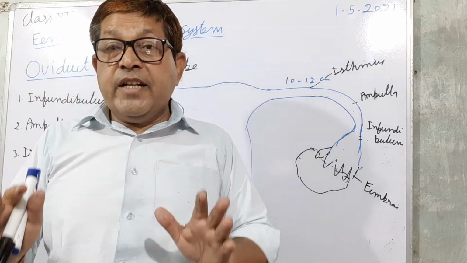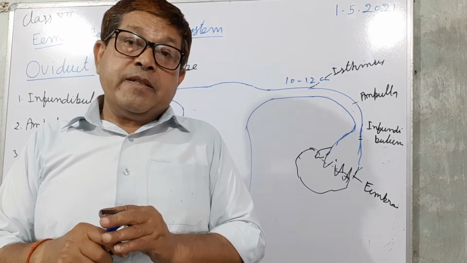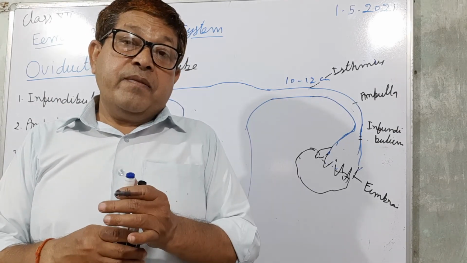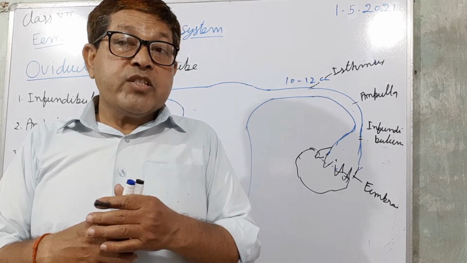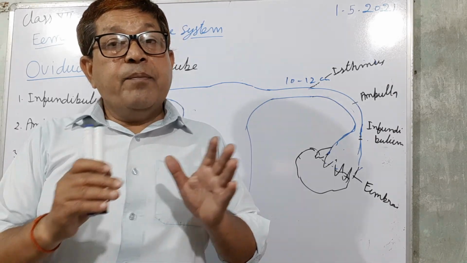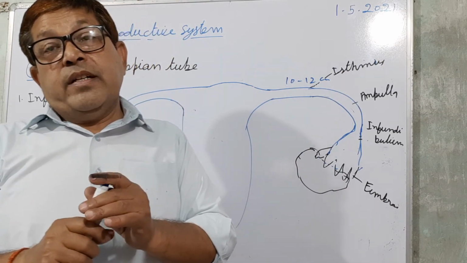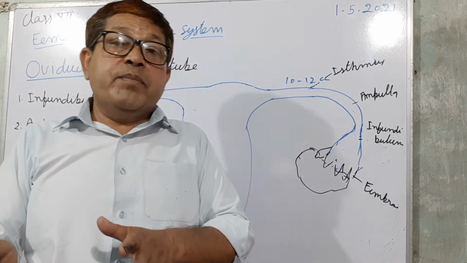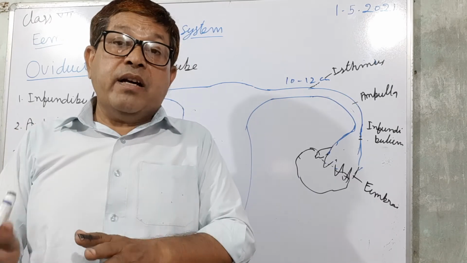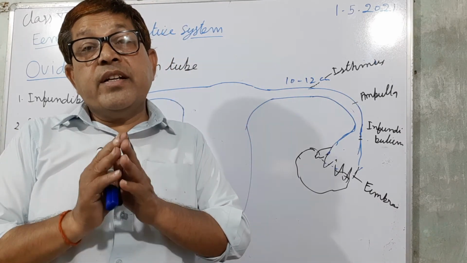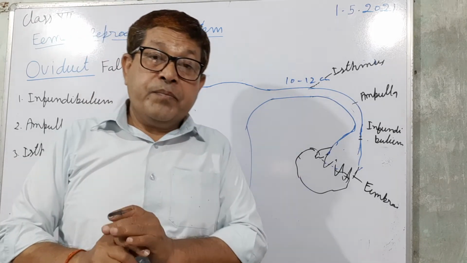So fertilization takes place at the junction of ampulla and isthmus, called as the ampullary isthmic junction. This is the part of the fallopian tube where fertilization takes place.